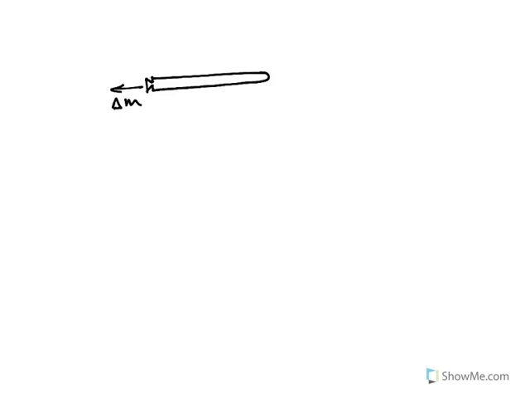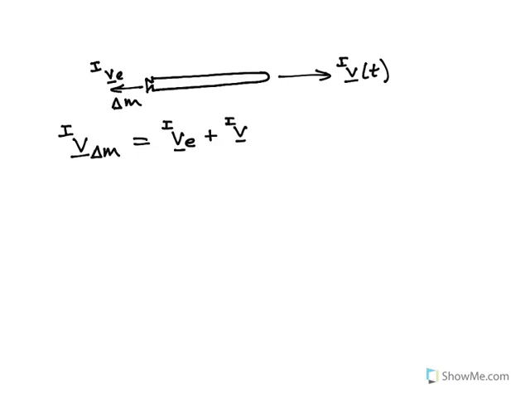We have what's called an exhaust velocity relative to the rocket, and then we have the velocity of the rocket itself. So v delta m I can actually be decomposed into VEI plus VI of t.